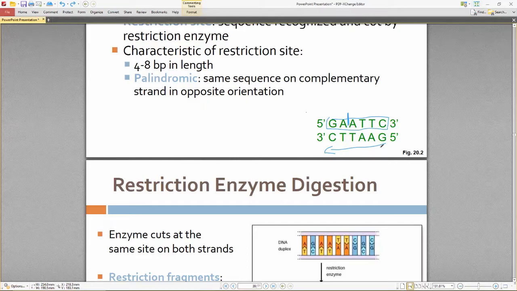By same site, it means it's going to cut here again. So in terms of the sequence GAA-TTC, it's going to cut between the two A's on both strands. And this example applies to if it's between G and A, then it'll be between G and A. If it's between A and T here, then it'll go between A and T on the other side too.